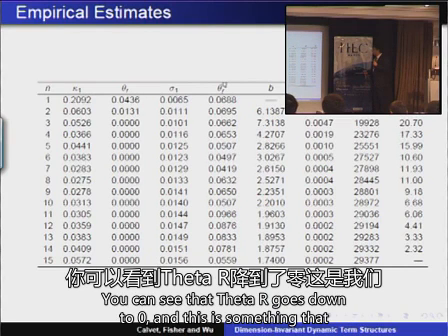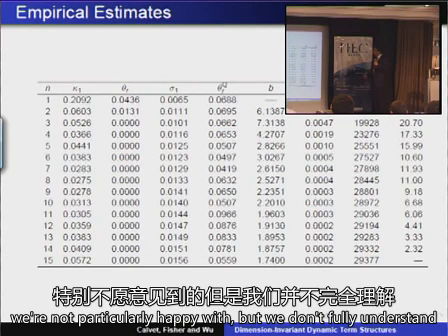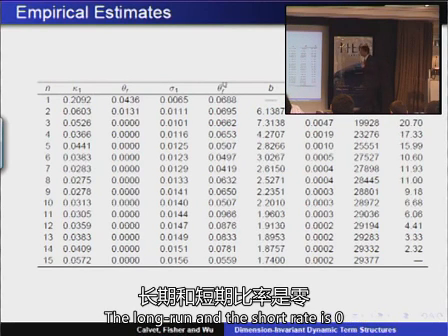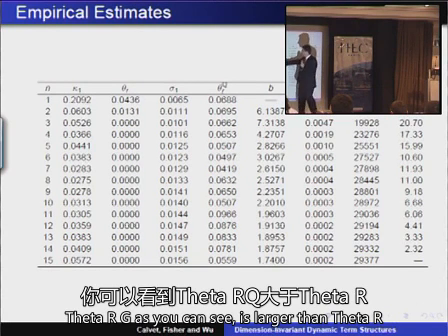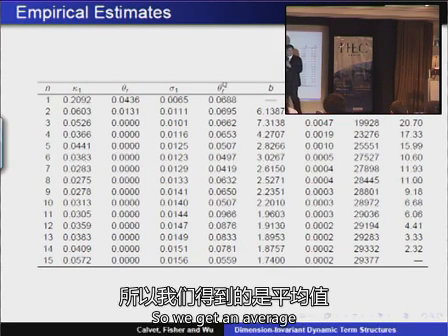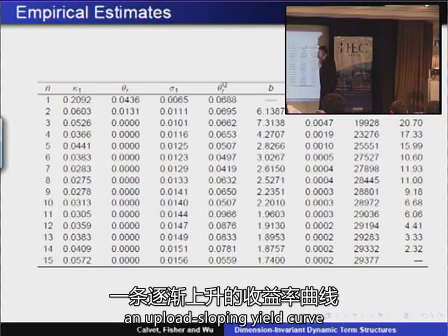You can see that theta R goes down to 0, which is something we're not particularly happy with, but we don't fully understand. The long-run level of the short rate is 0; this is what we estimate. Sigma 1 goes up slightly as we increase the number of components. Theta R Q, as you can see, is larger than theta R, so we get on average an upward sloping yield curve.